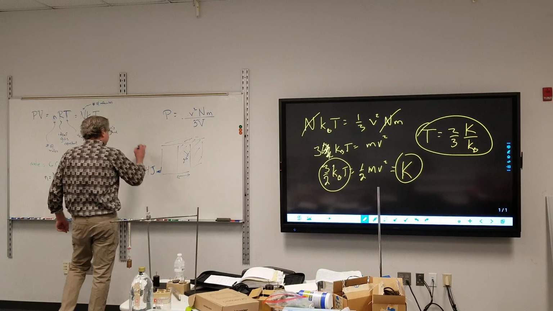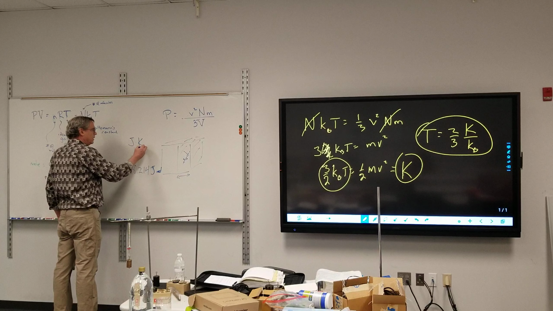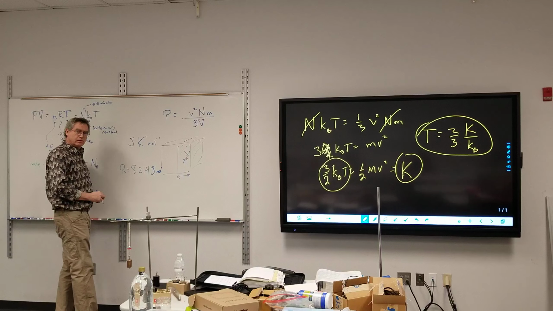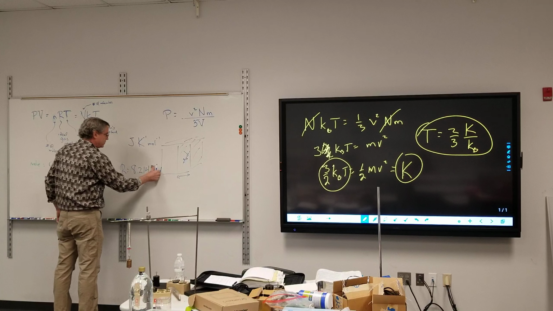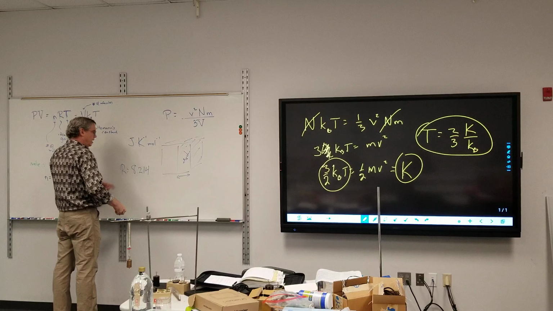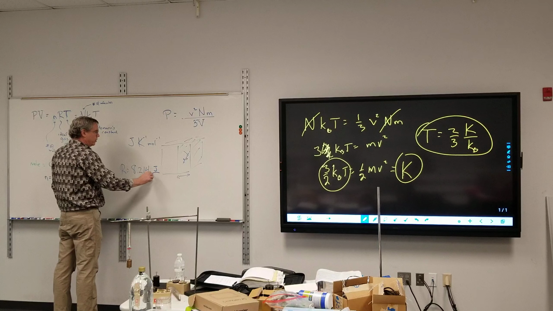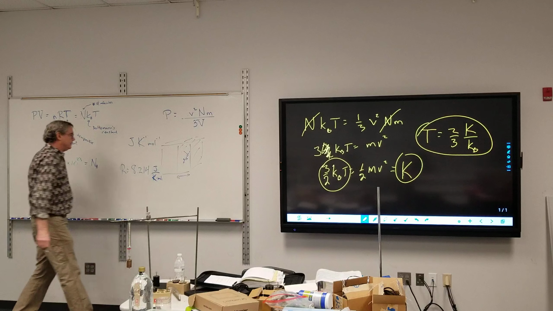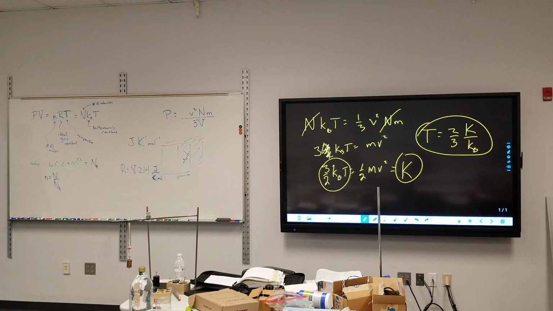So the unit is joule, K inverse, mole inverse. So it's 8.314 joules per Kelvin mole, where Kelvin and moles have the negative one exponent.